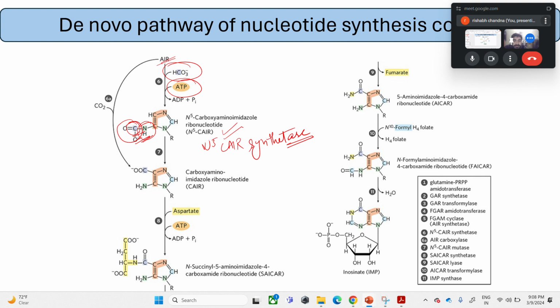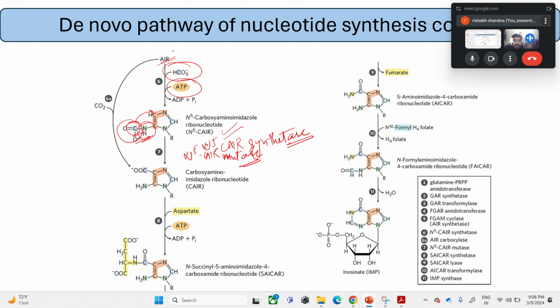Now the next step is the rearrangement of this compound to this. How this happens is with the help of the enzyme carboxylase, or N5 CAIR mutase.